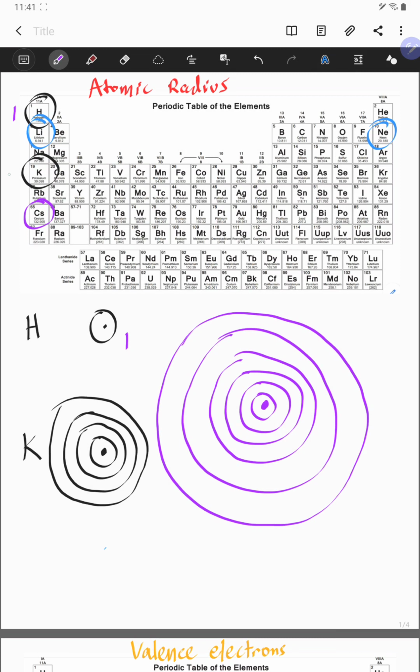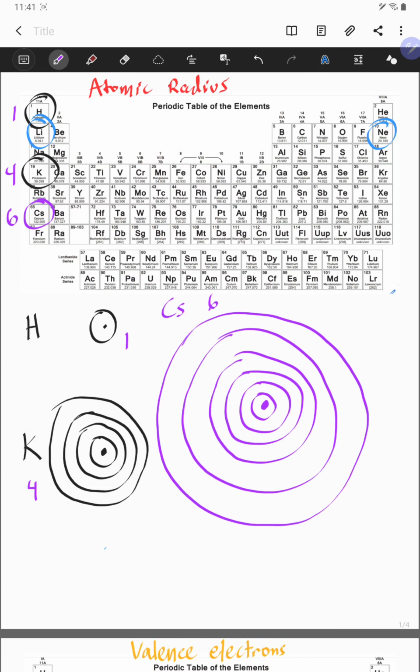Potassium is located in the 4th row of the periodic table, and it has 4 electron shells. Cesium is located in the 6th row of the periodic table, and it has 6 electron shells.